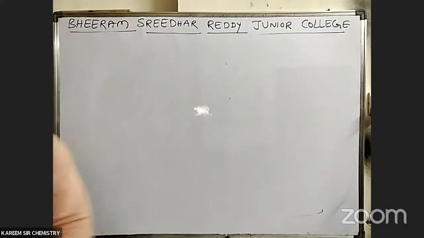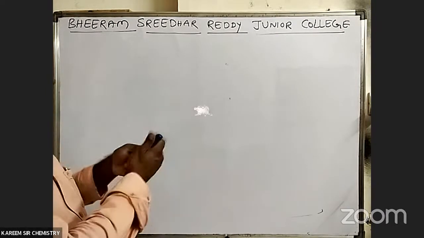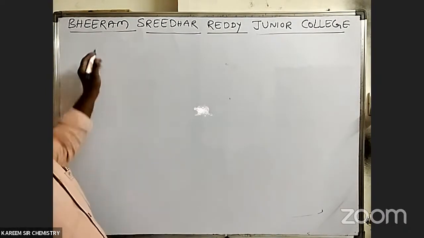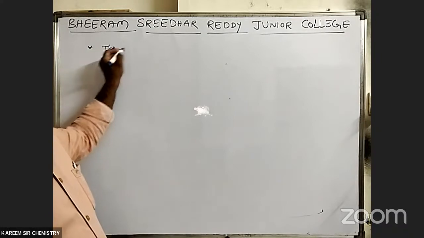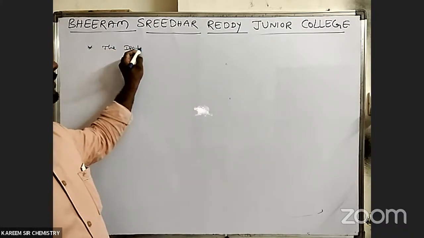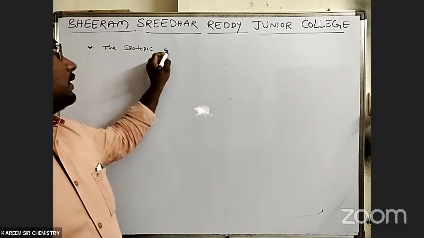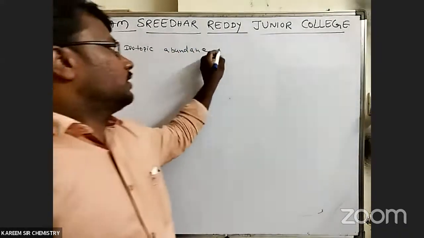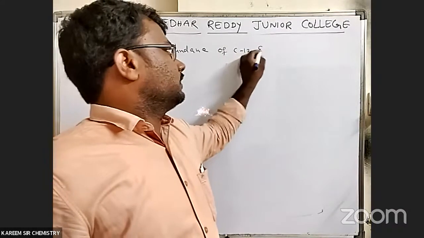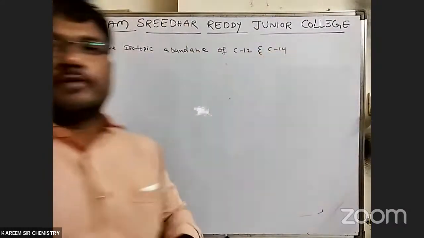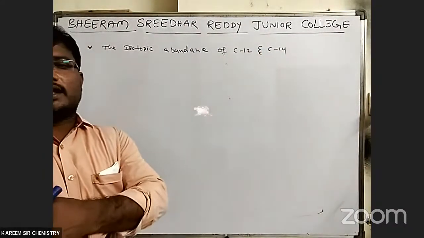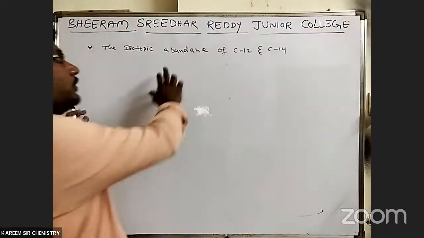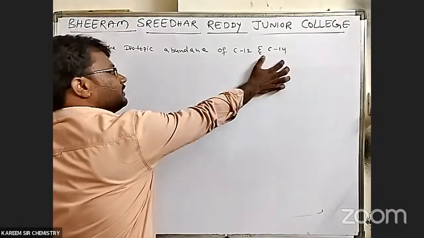Just do it. The isotopic abundance of C12 and C14. Somewhat different problem, will you try. Carbon is available in two isotopic forms, C12 and C14.